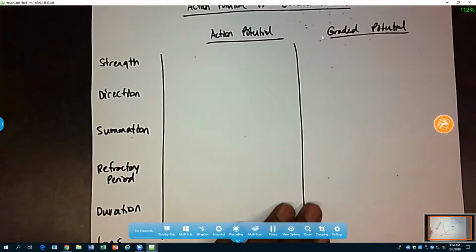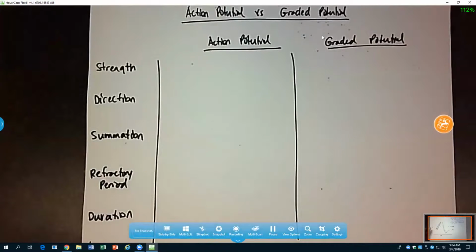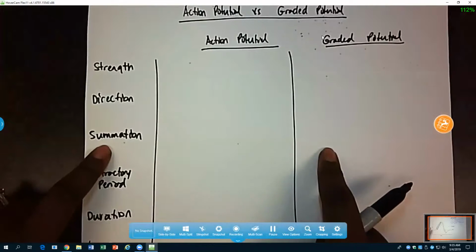All right. So the strength of the action potential versus the graded potential, how do we describe that? How do we differentiate that? What did we sort of say about the difference in the magnitude of these? The graded potentials can be added up. Okay, so that would be under summation.